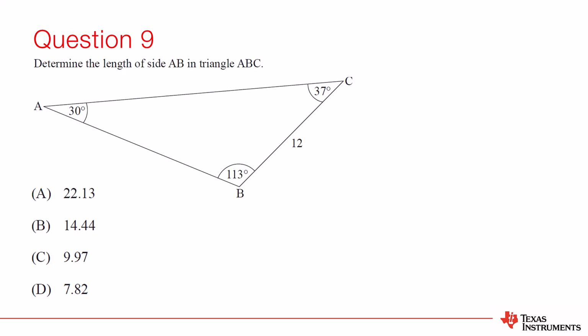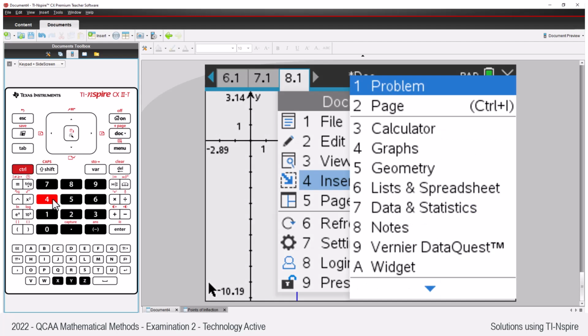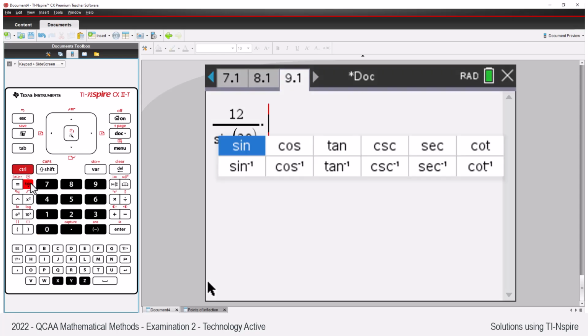At the very least, we have an estimate, a value that seems logical. To check our answer and calculate the length, we can use the sine rule. We could use the NSolve option, however, for this question there is only one value that needs to be transposed. So we can calculate 12 divided by the sine of 30 degrees multiplied by the sine of 37 degrees.